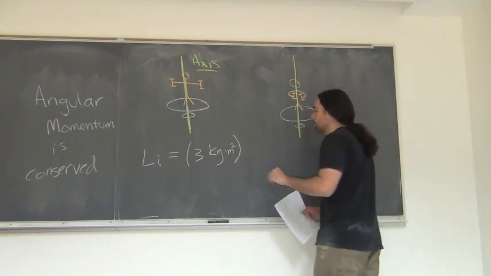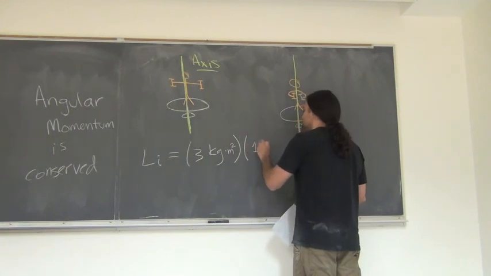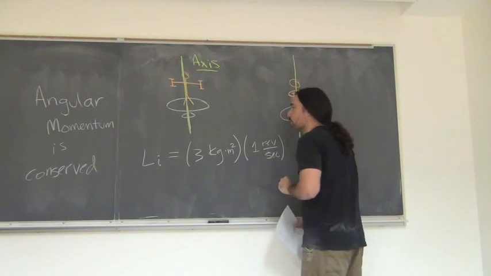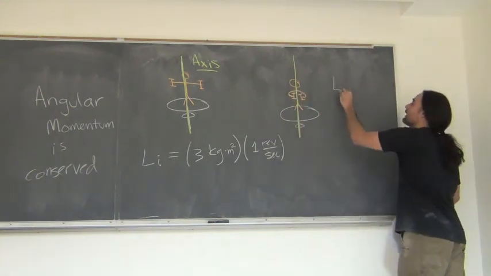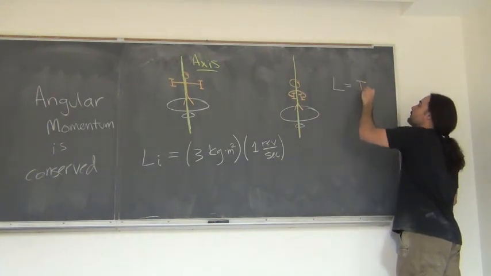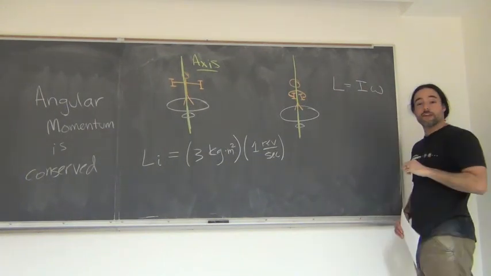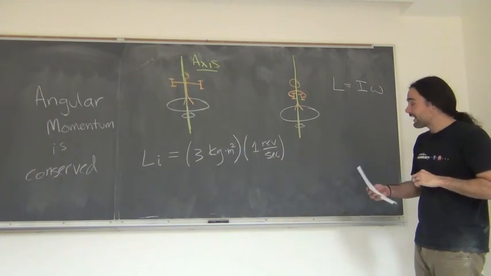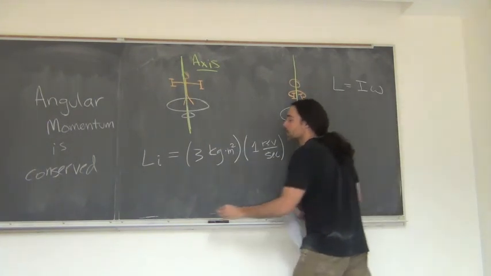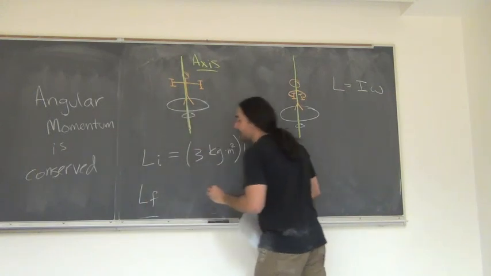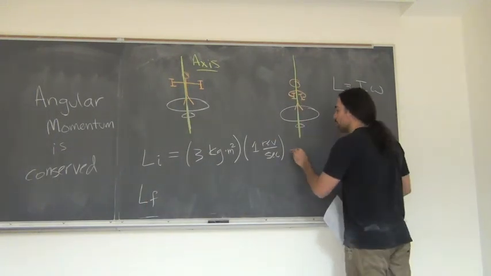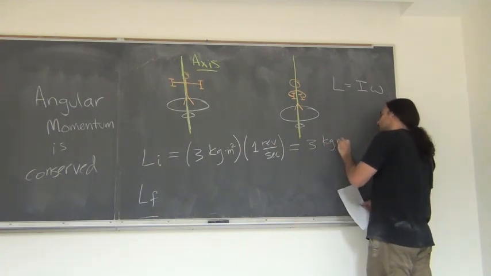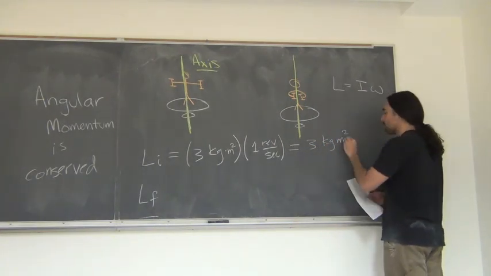And let's say he's going around at 1 revolution per second for his angular velocity. Recall, angular momentum is equal to the moment of inertia times the angular velocity. Well, he's got to have the same final angular momentum, which means he's got to have an angular momentum of 3 kilograms meters squared revolutions per second.